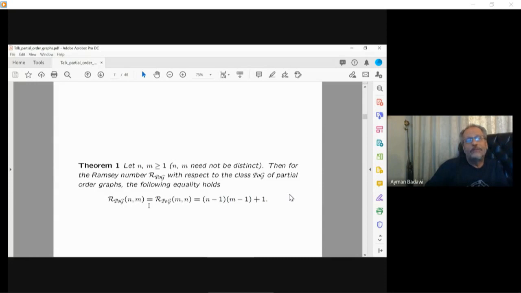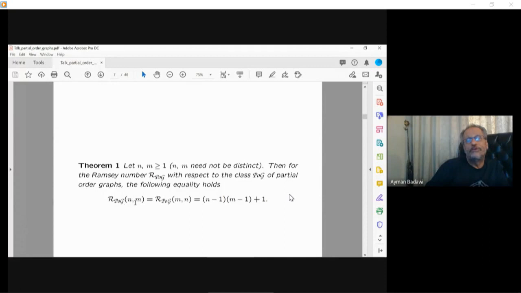And we're looking at the minimum number of vertices of a partial order graph so that we can have a complete subgraph with 3 vertices or an independent set with 4 vertices.